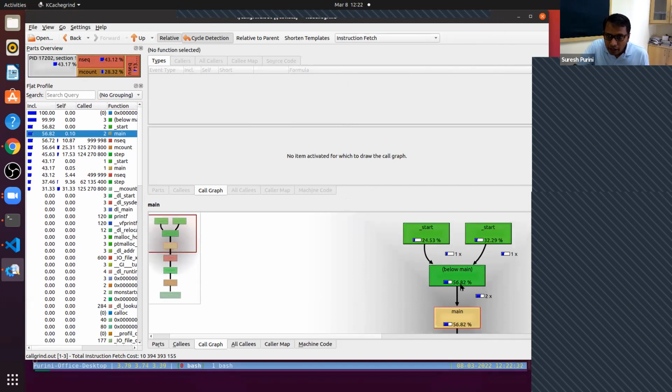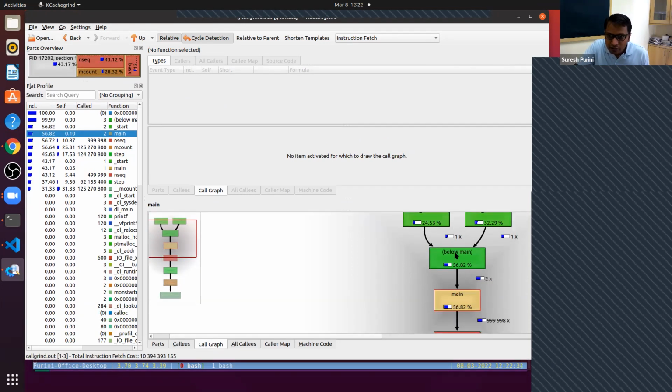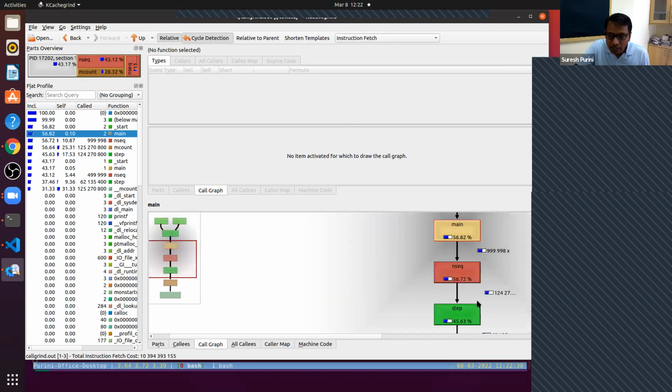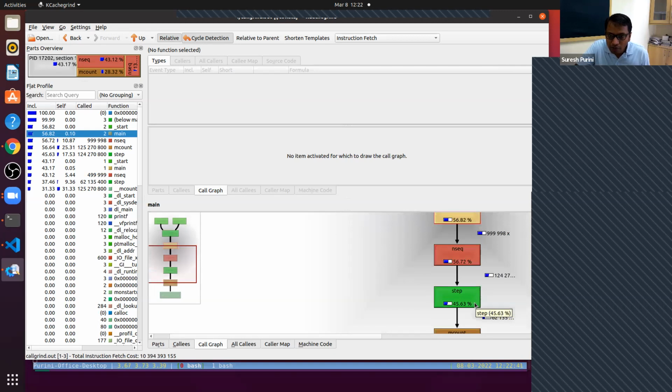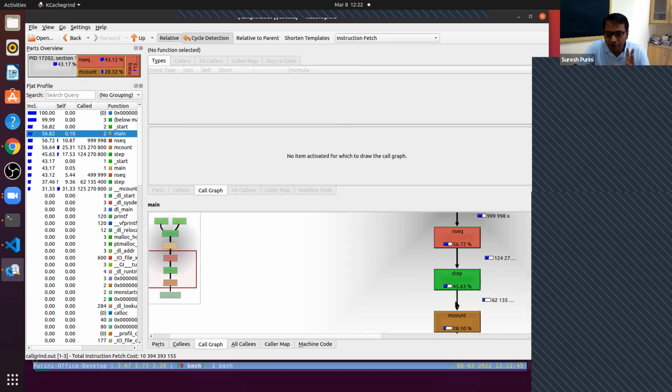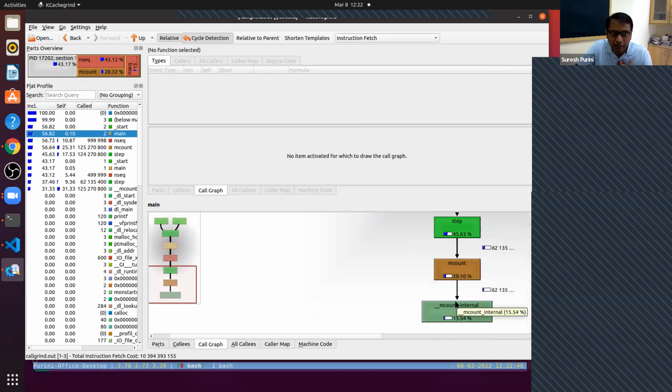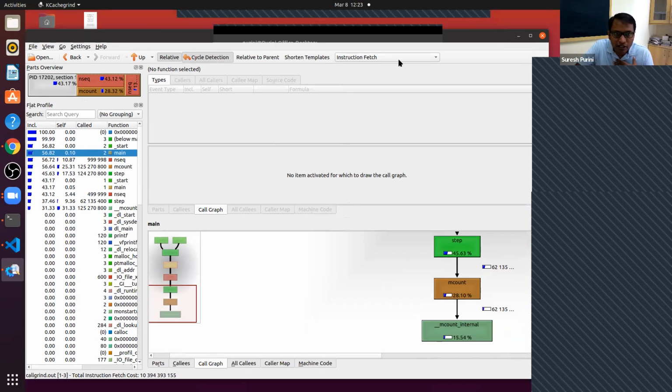Main calls NCQ, NCQ calls step, and we can see what percentage of time is spent in each of these functions. We get a very clear call graph picture, and using this we can understand what the bottlenecks in our code are. Also, I don't understand why the source code is not coming.